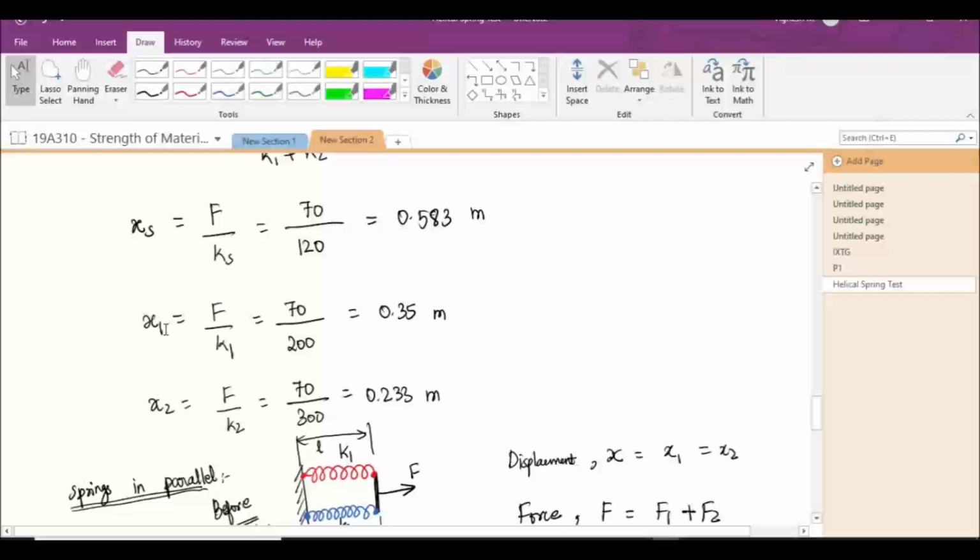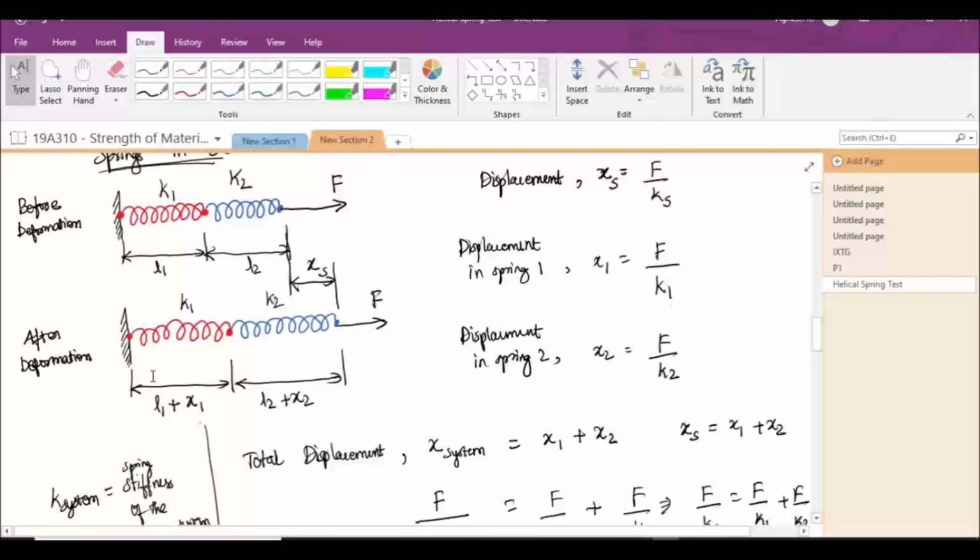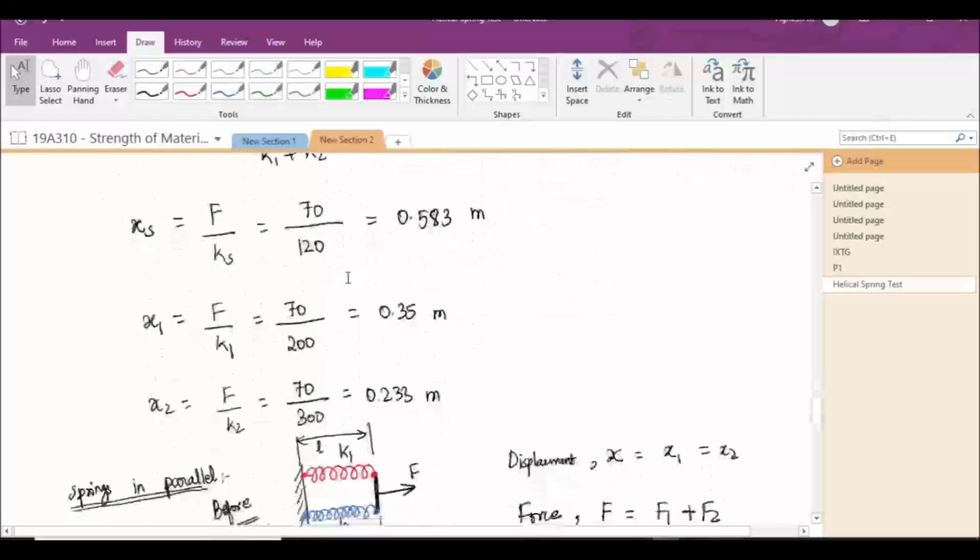To find the displacement of the first spring and the second spring separately, the first spring will displace by a certain value and the second spring by a certain value. The sum of both displacements is the total displacement. The displacement of the first spring is the force in the first spring divided by k1, which is 70 divided by 200, giving 0.35 meter.